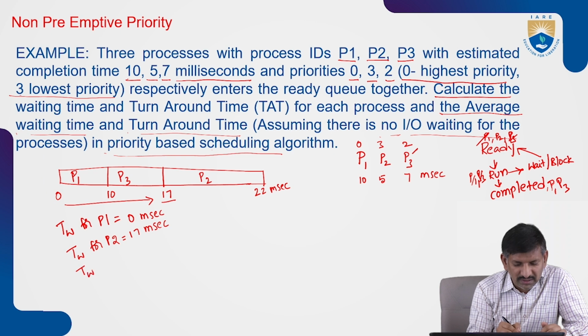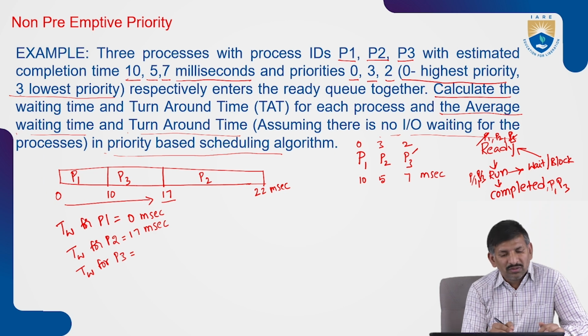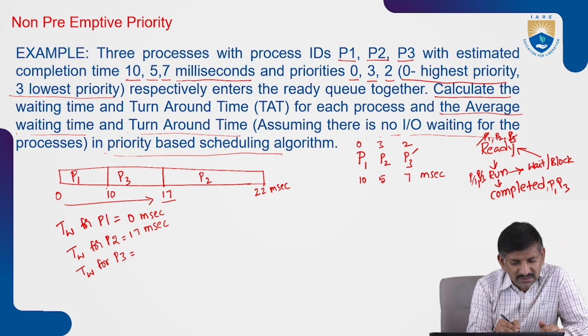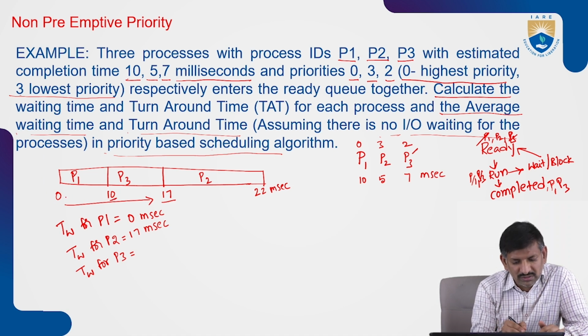Next, the waiting time for process P3. P3 enters the ready state at time 0 and is scheduled for execution at the 10th millisecond, so it waits 10 milliseconds in the ready state.